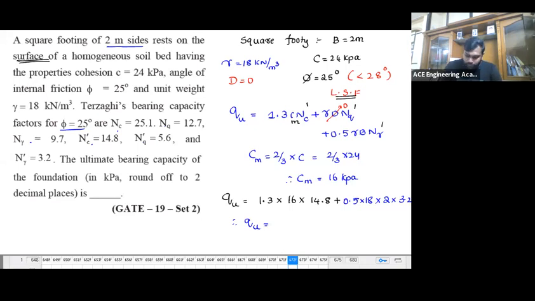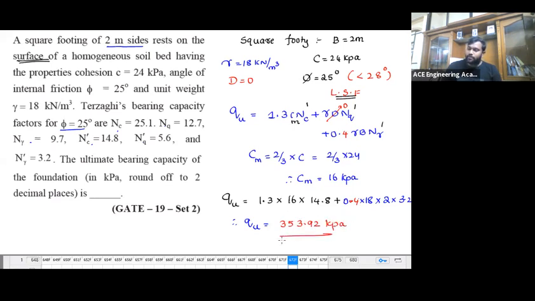So this is 0.4, right? This is 0.4, sorry. So come on, solve it. 1.3 into 16 into 14.8, plus 0.4 into 18 into 2 into... it is 353.92 kilopascals.